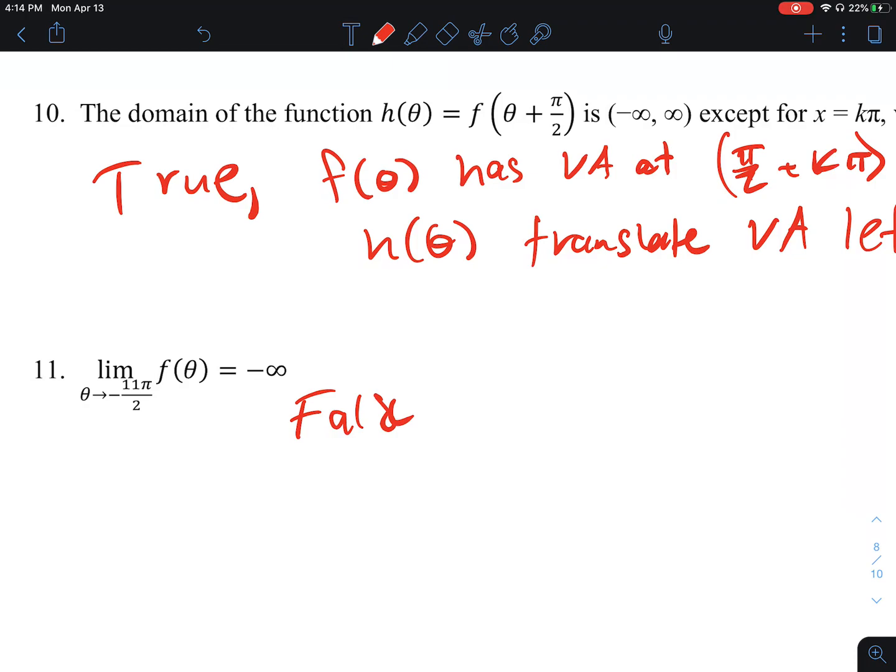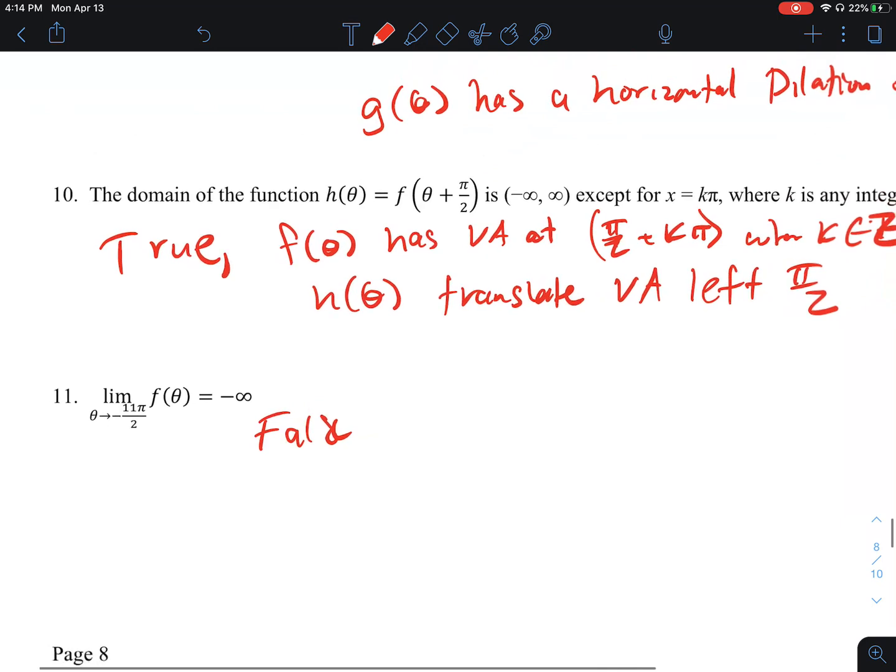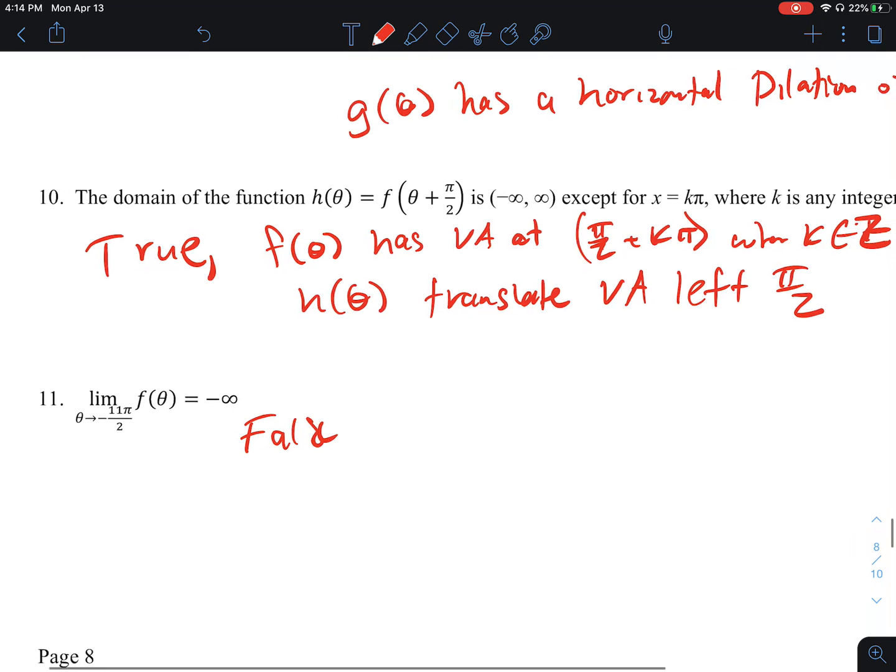So this ties into the limit existence theorem, which we may have had in Precalculus. I know we have it in the first section of calculus that you're going to learn soon.